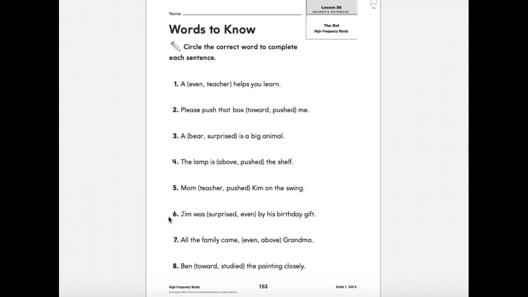Number 6 says, Jim was blank by his birthday gift. Jim was surprised, even. Circle the word that best completes the sentence for number 6.